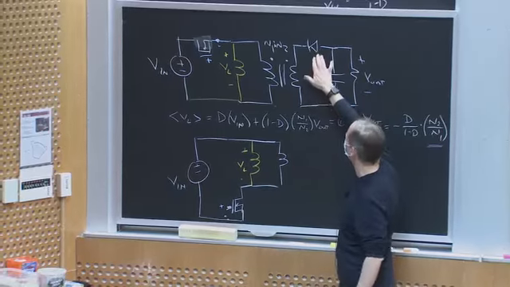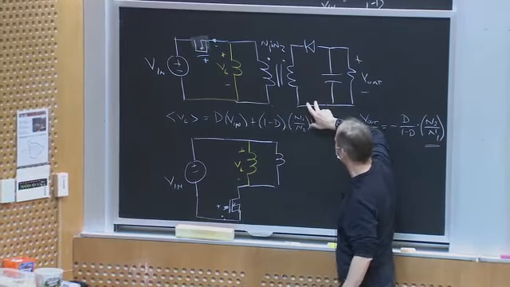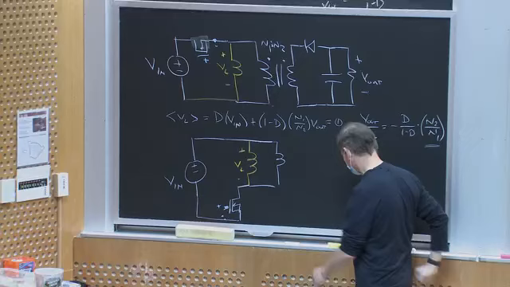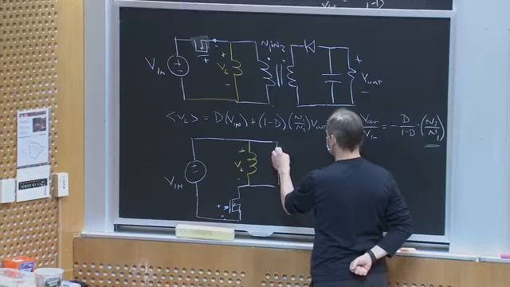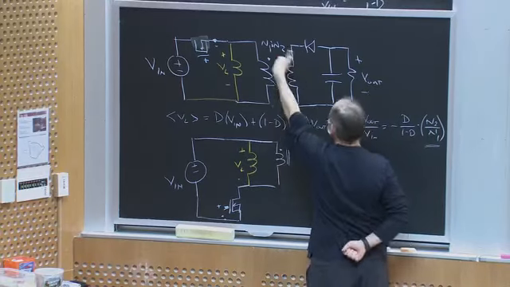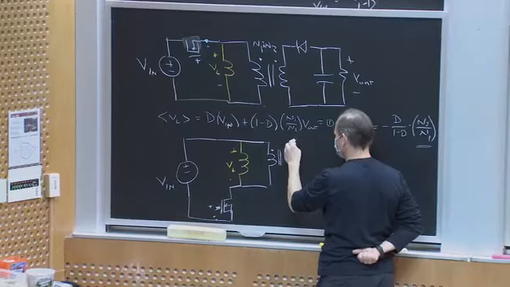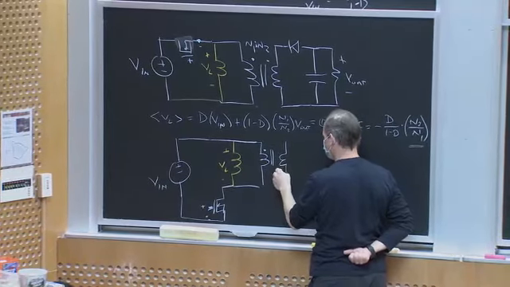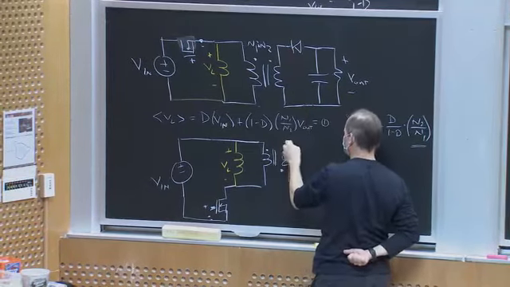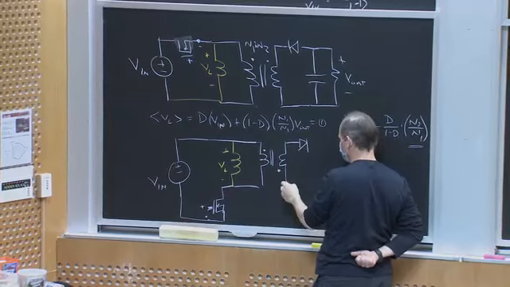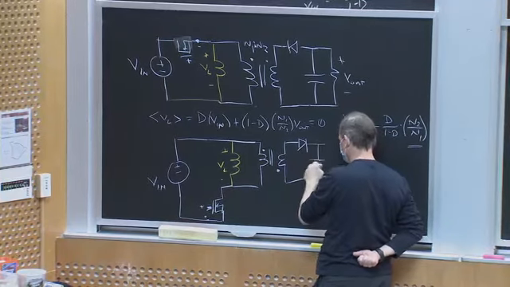And in fact, I can play the same trick: I could put the diode here, or I can move it over here. So let me flip this upside down. Here's one dot. Now I'll turn this upside down and do this. Okay, I'm going to move the diode through, and I'm going to draw it like this. And I'm going to define a new output voltage like this.